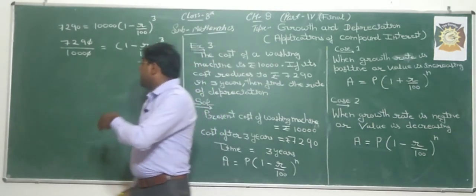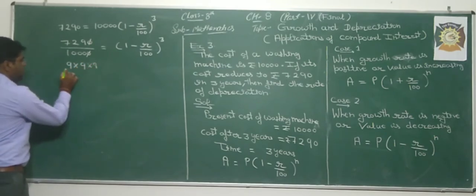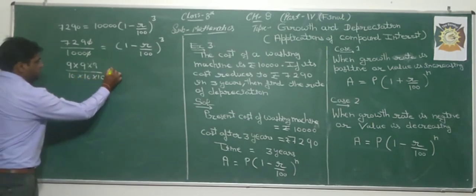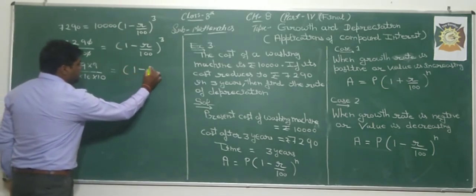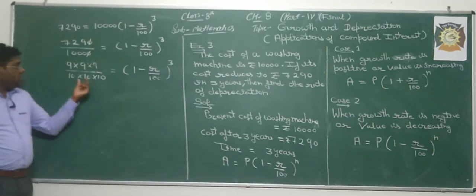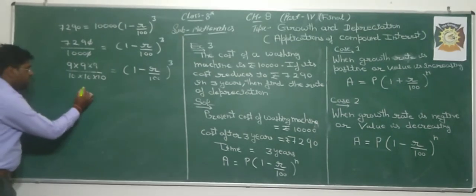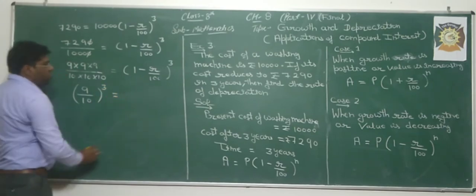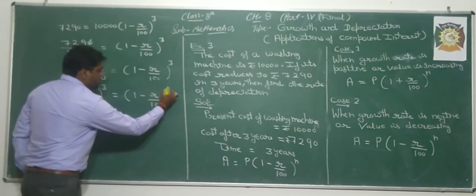So we can write 9 multiplied by 9 multiplied by 9 upon 10 multiplied by 10 multiplied by 10, and on this side 1 minus R upon 100 raised to the power 3. 9 three times and 10 also three times, so we can write it as 9 upon 10 raised to the power 3 is equal to 1 minus R upon 100 raised to the power 3.